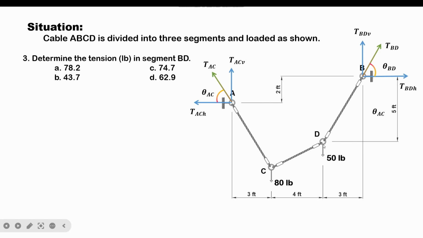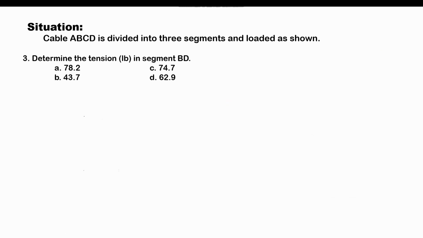And since in this joint there is only one unknown segment, that is why the method of joints is applicable when we consider joint D. So let's analyze joint D.